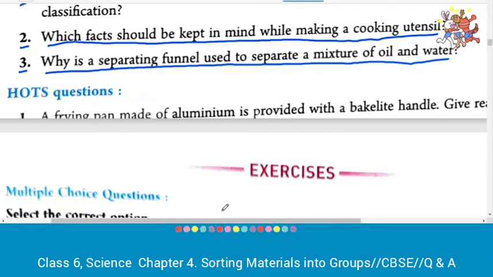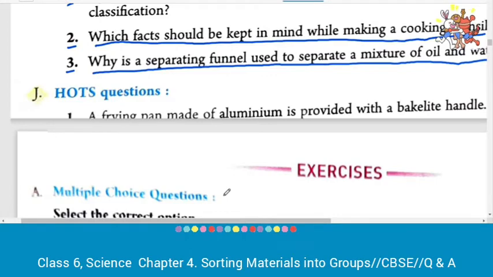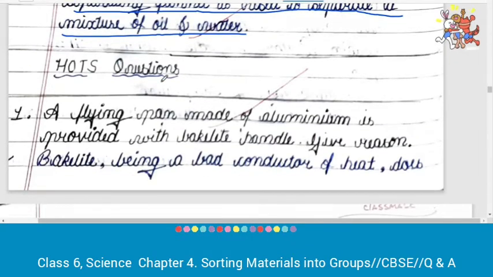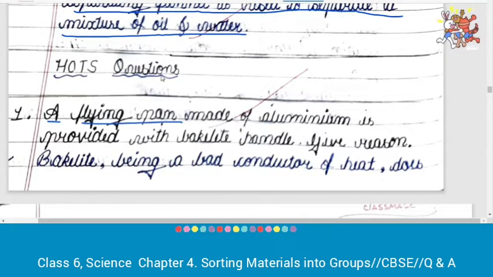Next, we will see the HOTS questions. Section J. First question: a frying pan made of aluminium is provided with a bakelite handle. Give reason. Answer.